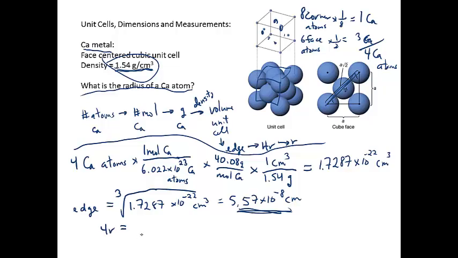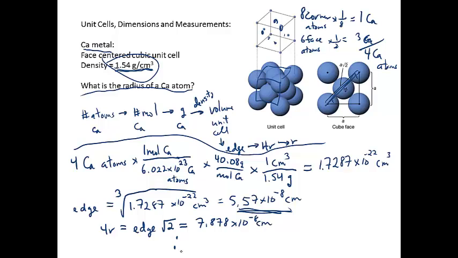4r, 4 times the radius, is equal to the edge length times the square root of 2. So we take our number and multiply it by the square root of 2, which gives 7.878 times 10 to the minus 8th centimeters.